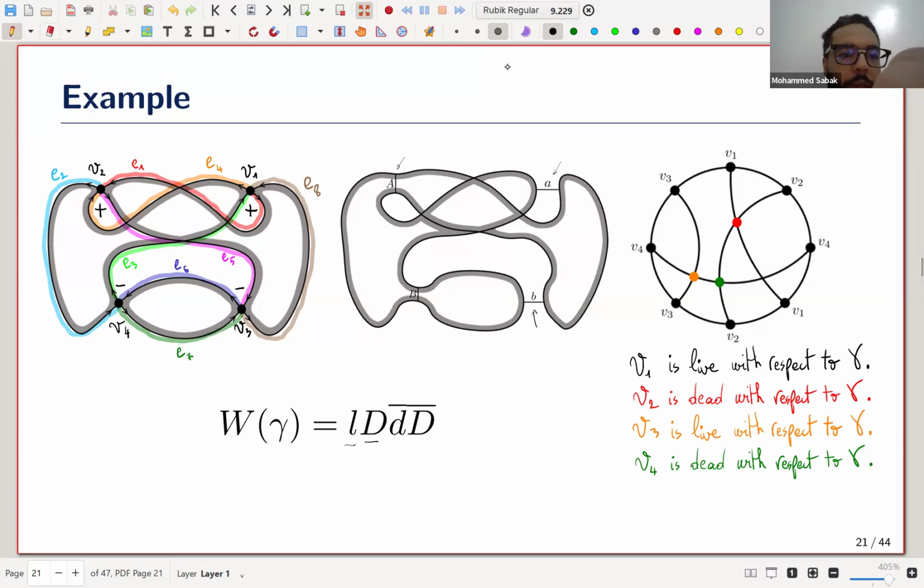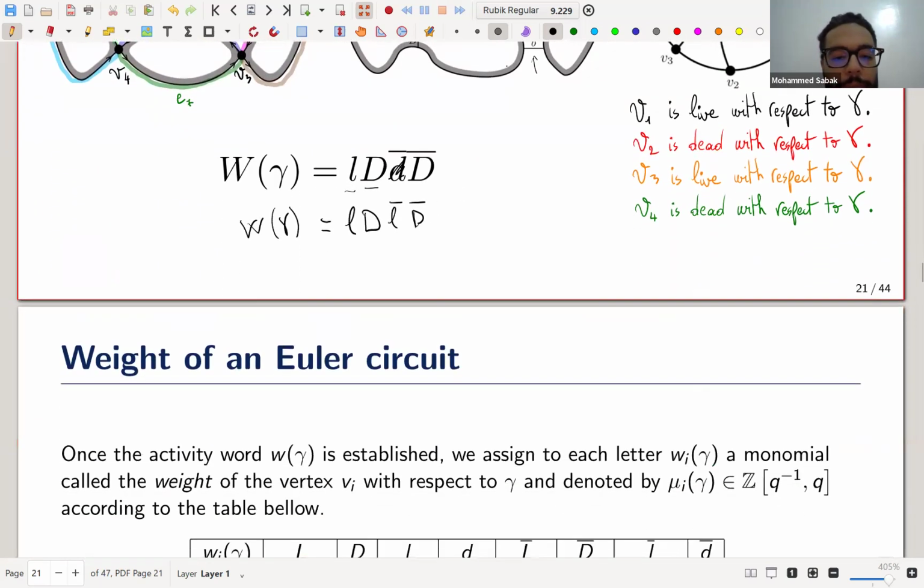Sorry, this must be L bar. I have here a typo. Because V3 is live, it is L bar, and V4 is dead with the capital B marker, so it's capital D bar.